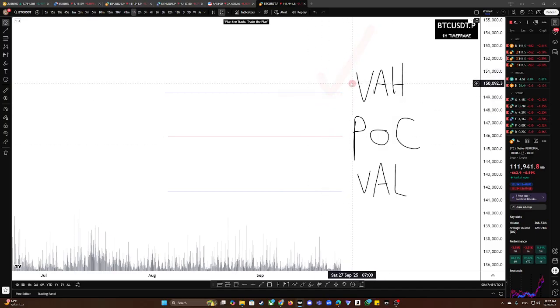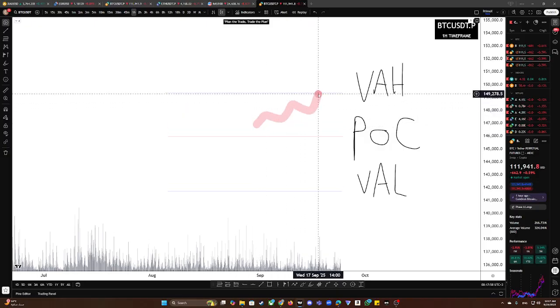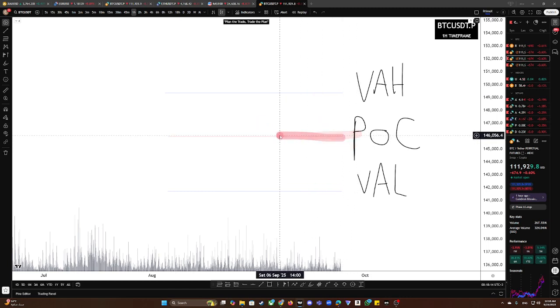And the same thing goes for the other way around. If we are coming from below, price is ranging and it hits the value area high, it acts like a ceiling or resistance. And if we go below the POC, it means that price is likely going to reject from the POC, because it acts as resistance. And the same thing with the value area low.